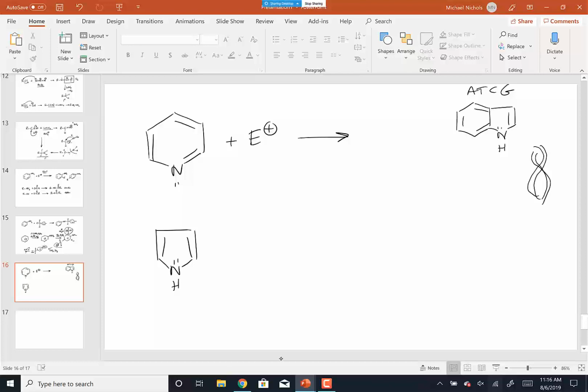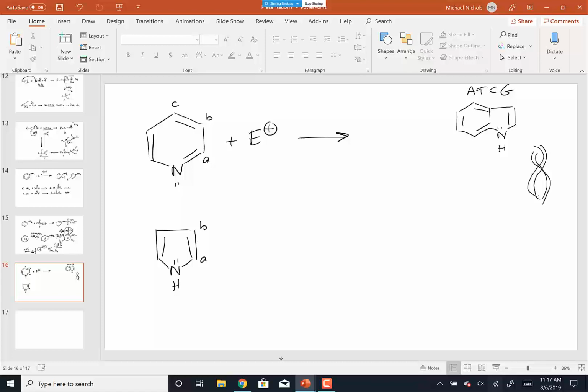But if I do electrophilic aromatic substitution on these molecules, where is the E plus going to go? Is it going to go to position A, B, or C? Or is it going to go to position A or B? Here's what I would like you to do for tomorrow.